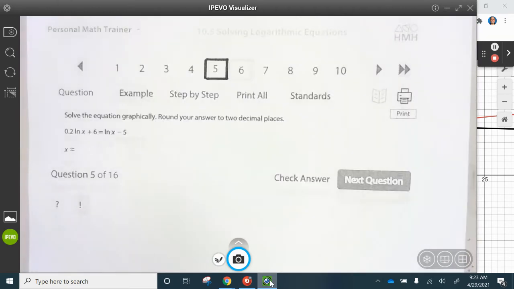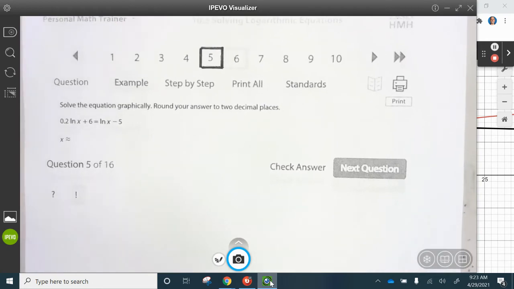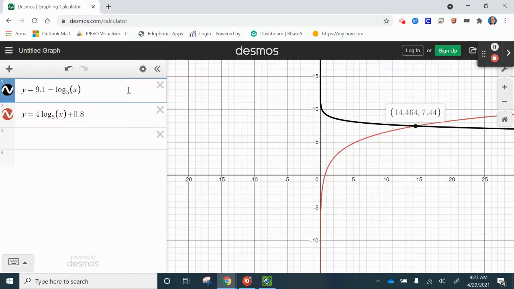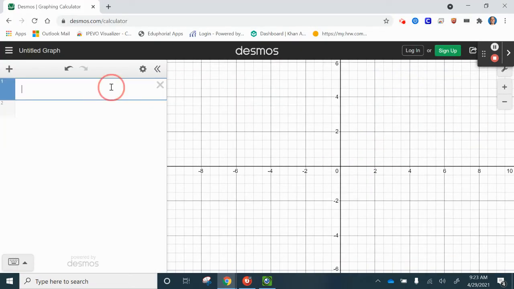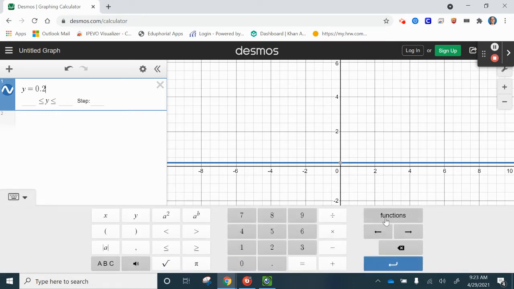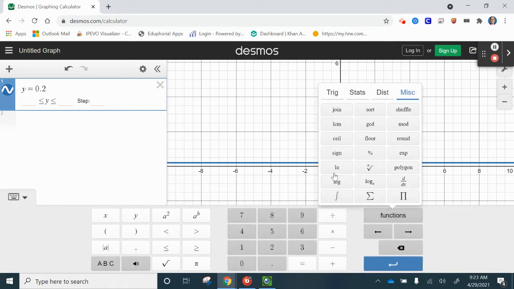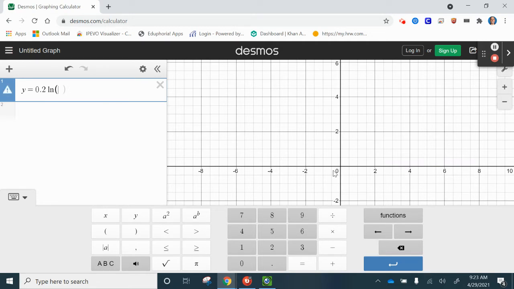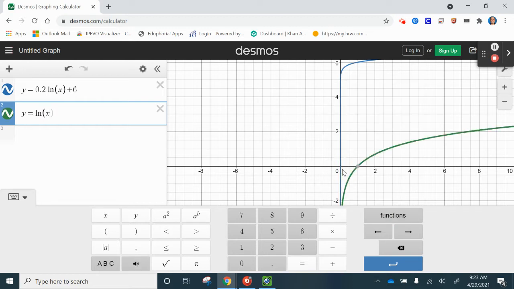All right, let's look at question 5 of 16. Solve the equation graphically. Round your answer to 2 decimal places. Again, we're going to come to Desmos. Exit here, press the home key, and we're going to graph y equals 0.2 natural log. So let's go to functions, natural log of x plus 6, and then y equals functions, natural log of x minus 5.